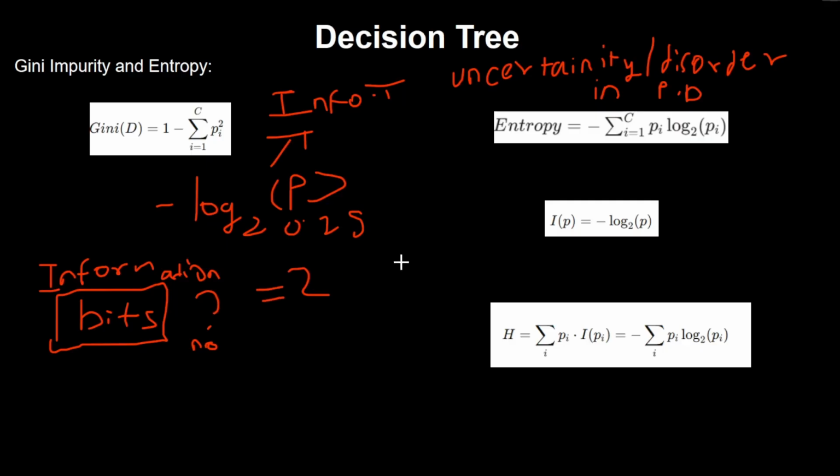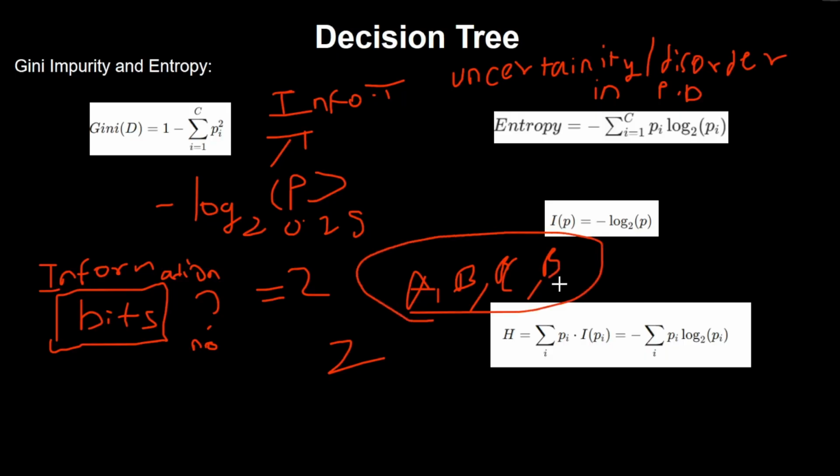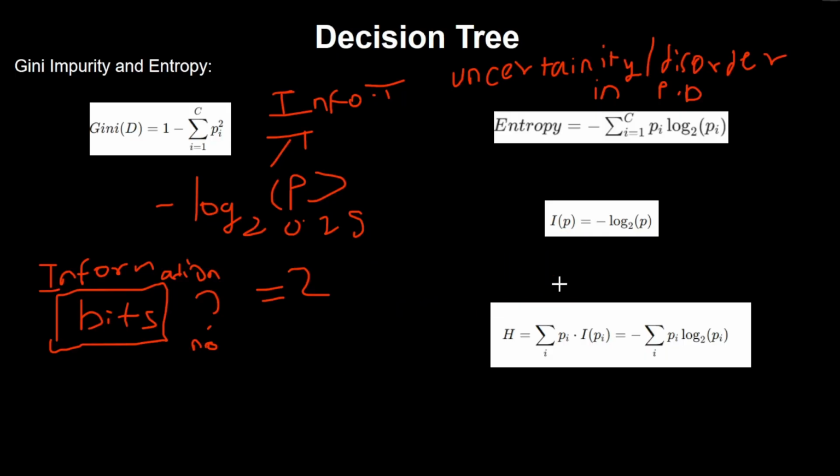If we recall, we need to ask 2 questions in order to separate these 4 events. So that is what is meant by this measure of bits, which is a measure of information in information theory. That's why we use log base 2, and this negative sign is to match the log.